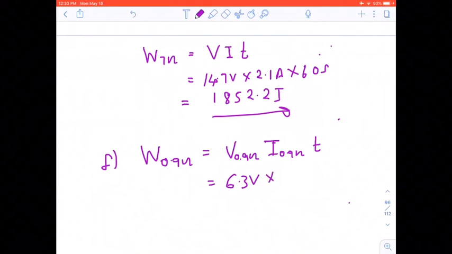And what's the current? The current in this particular circuit is 7 amps. It's connected in series, times 60 seconds, which then gives us 2646 joules. Right.